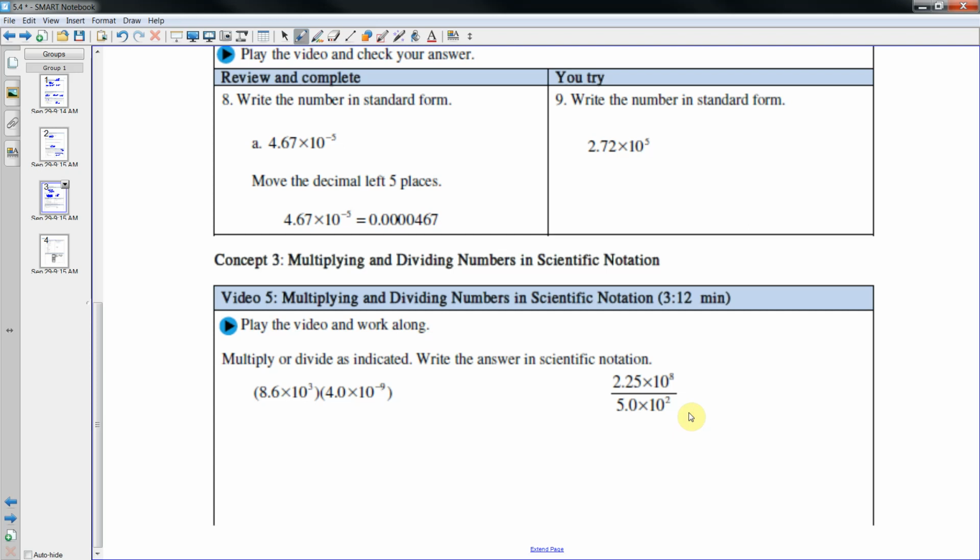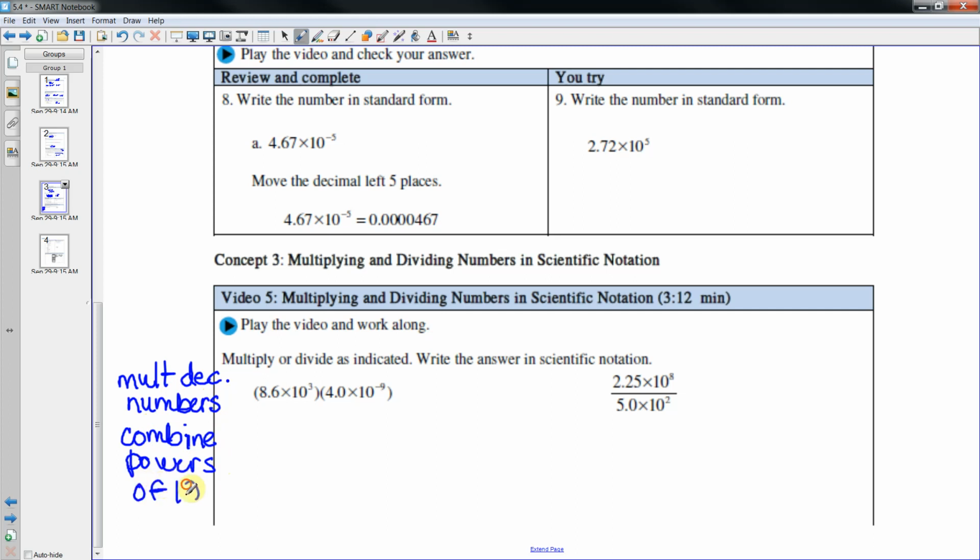We're going to do some of those because sometimes they can be a little tricky. What you need to do is multiply your decimal numbers and then combine powers of 10.